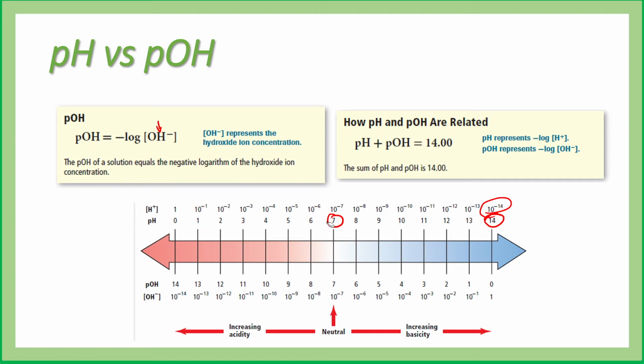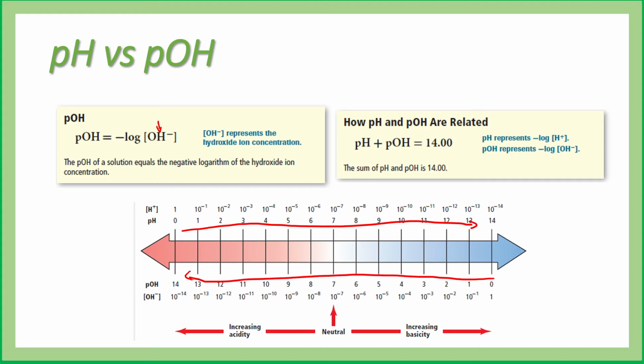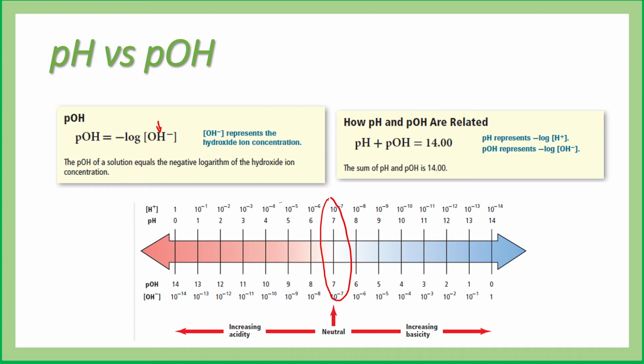And if you look, pH is increasing in this direction. pOH is growing in the opposite direction. Both of them coincide at the neutral value. pH and pOH are both 7 in a neutral solution. So it will be 7 plus 7 equal to 14.